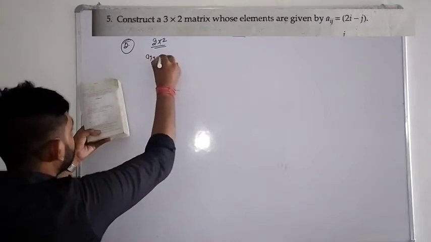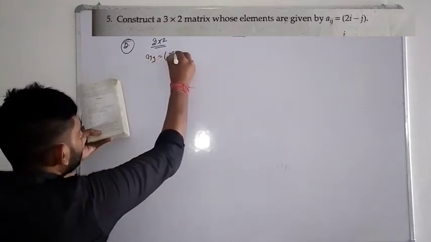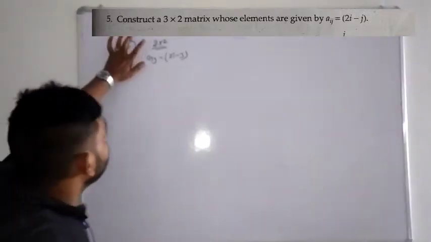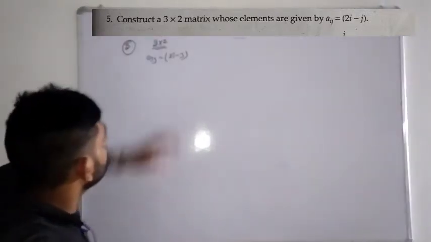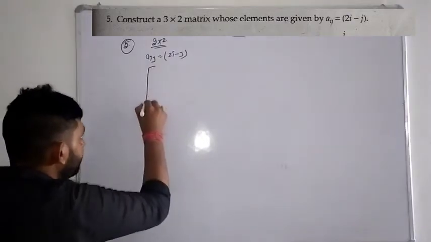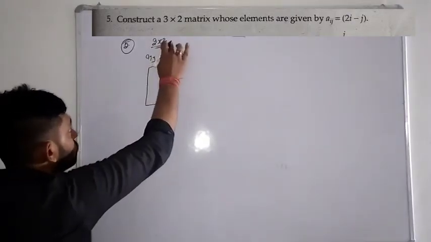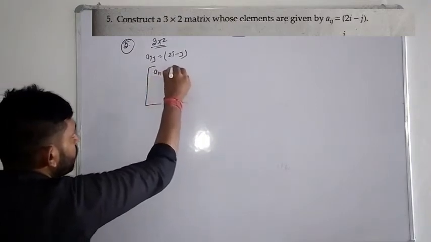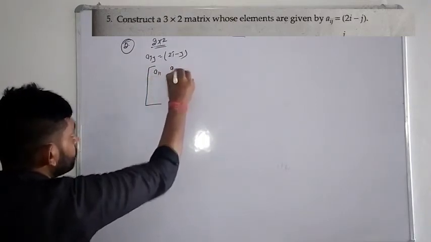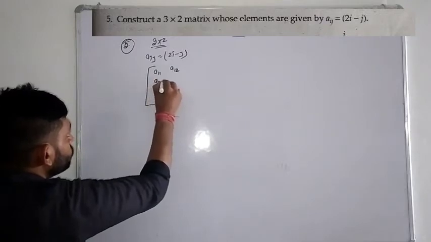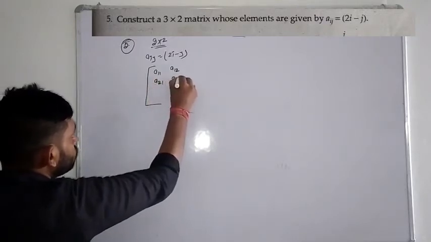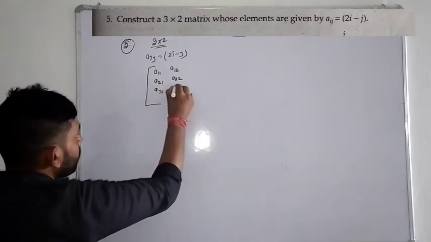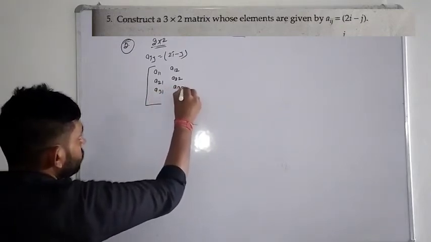a_ij is equal to 2i minus j. First of all, the order of the matrix is 3 into 2, that means 3 rows and 2 columns. Now a11, a12, a21, a22, a31, a32.